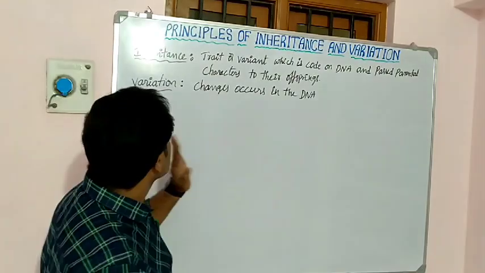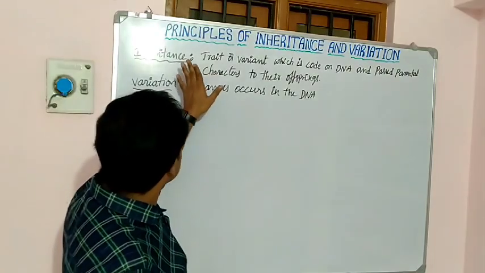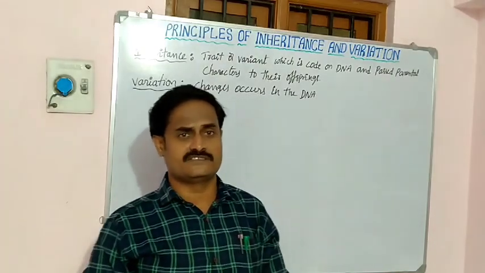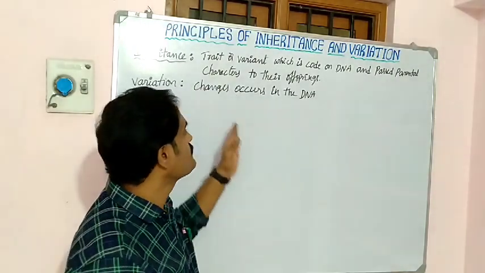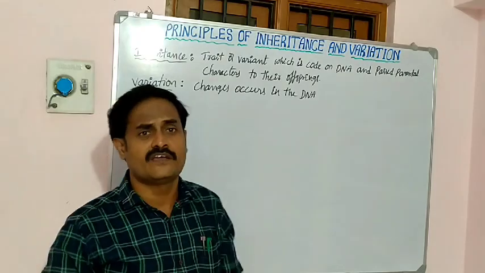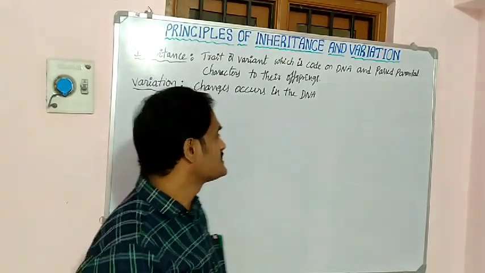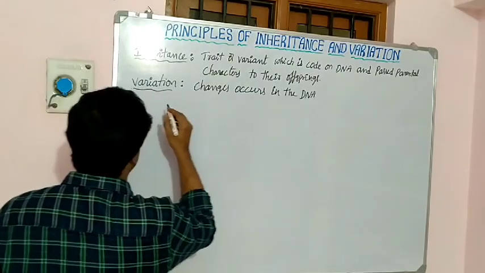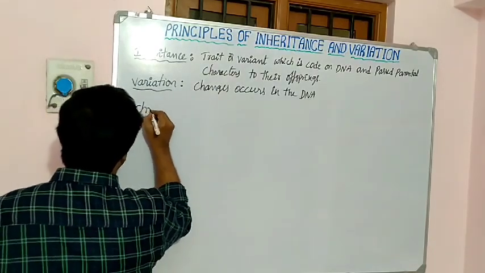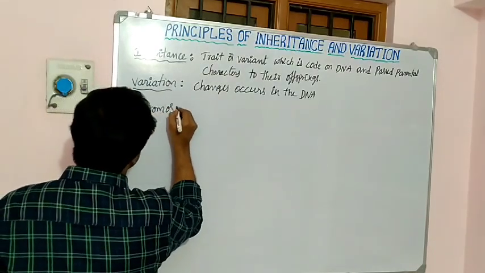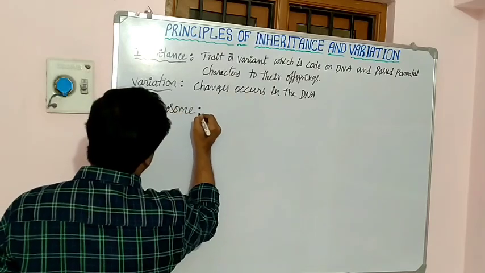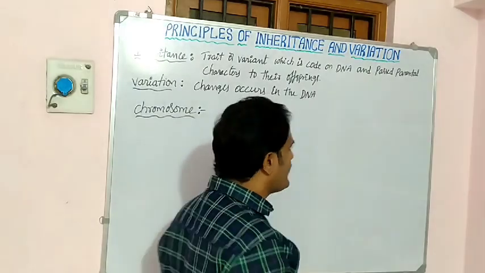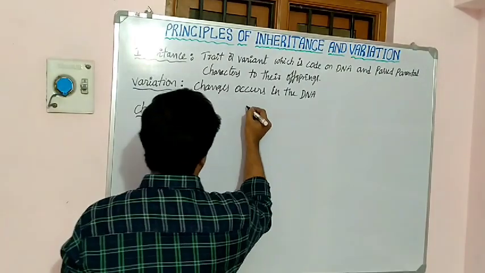Remember. So who is responsible for this variation and also inheritance? That is important. What is responsible is the chromosome. Where is the chromosome located?